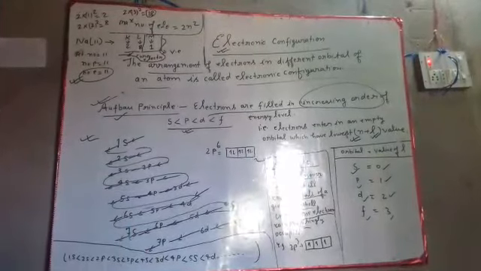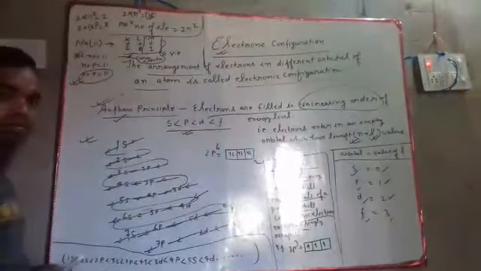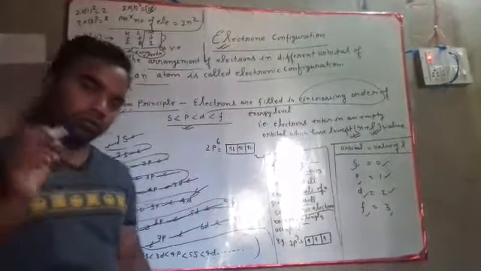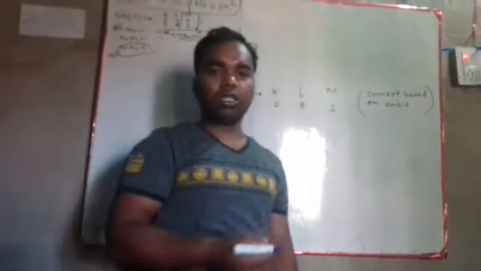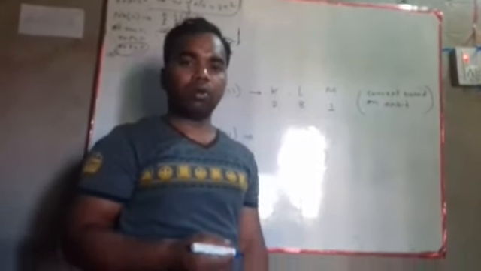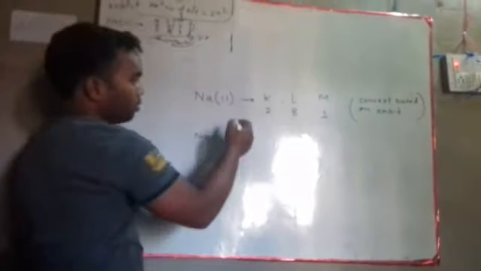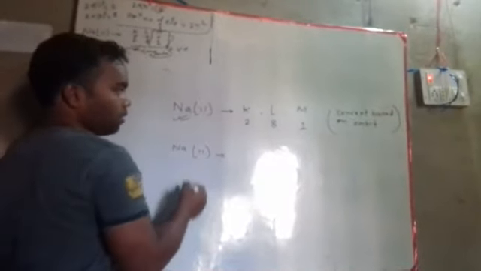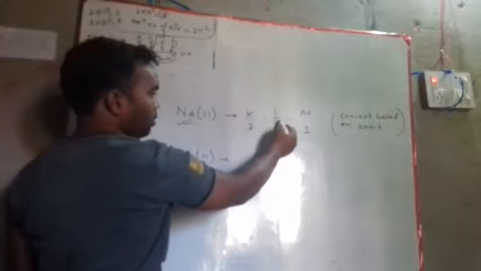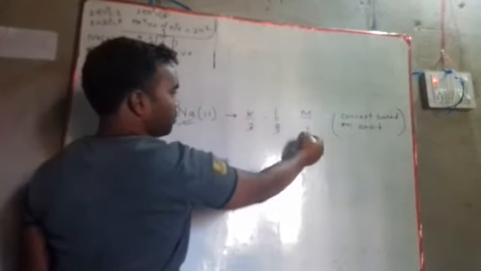Now I am going to write the electronic configuration of sodium based on the orbital concept. Now see here how we can write the electronic configuration based on the orbital concept. You will write the electronic configuration based on orbit, that is K orbit 2 electrons, L orbit 8 electrons, and M is 1 electron.